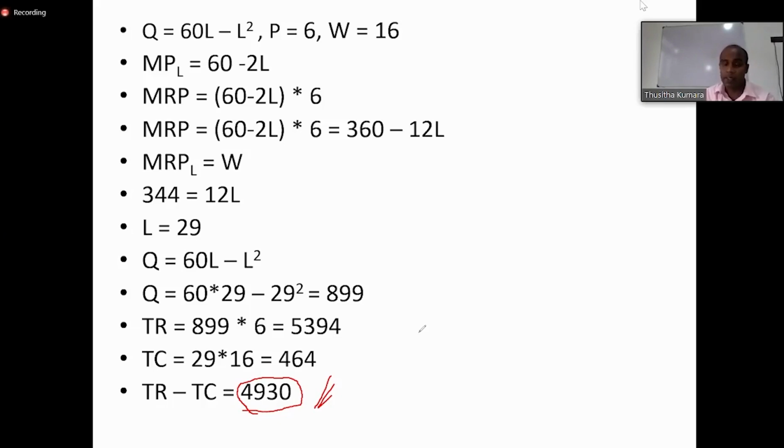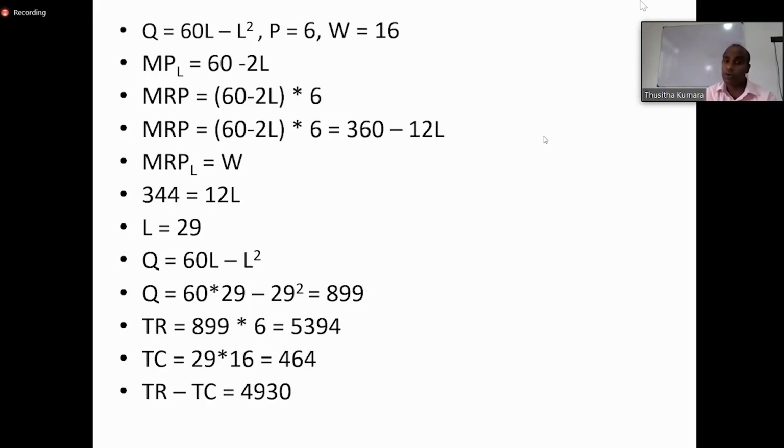Now the question, what is this profit? Probably let's forget about that question for the moment. Towards the latter half of the class, we will discuss the cost function. Then I will raise the question again. For the moment, just remember, because we did not do the accounting cost and the economic cost yet. But simply this tells us this is the profit, given the number of labor and the price.